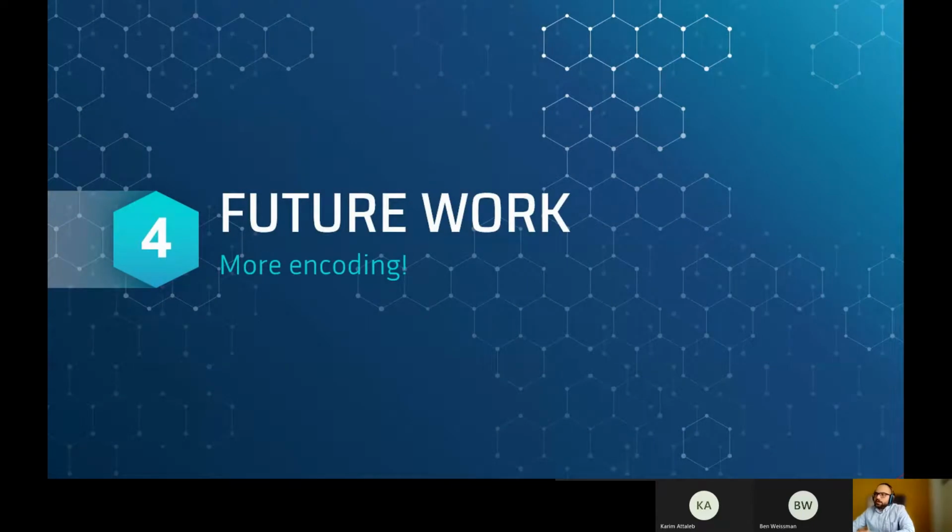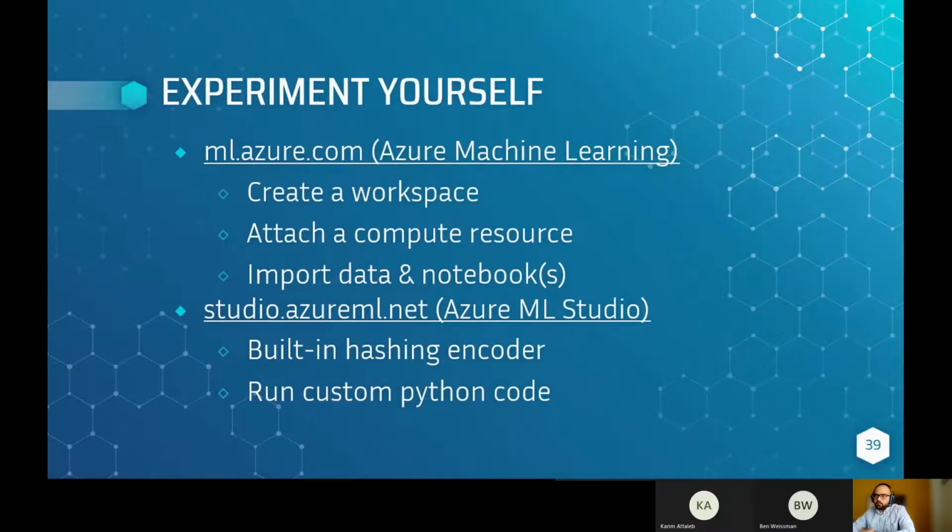What about the future? If you want to get your hands dirty and experiment yourself, as a first step, I would suggest you check out the code and download this. You can create a workspace in Azure Machine Learning.